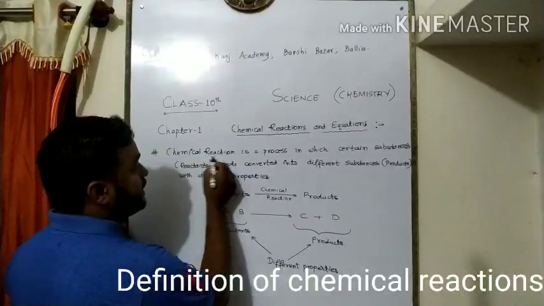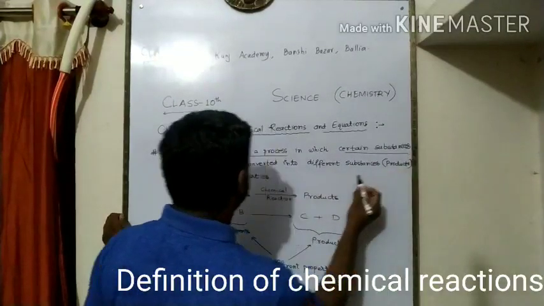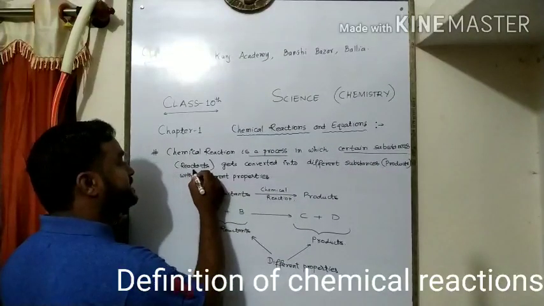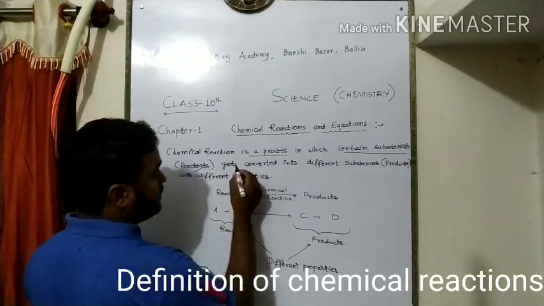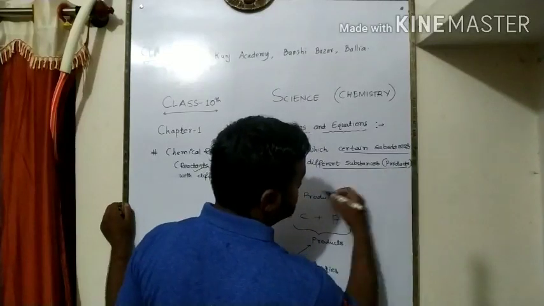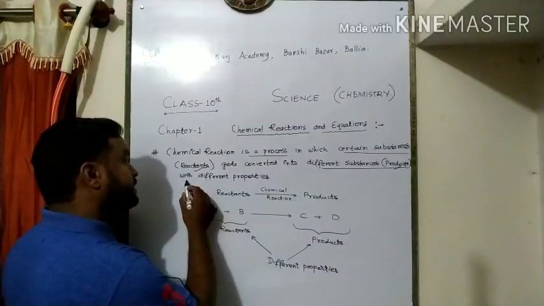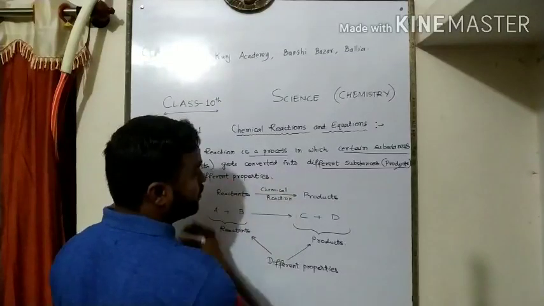A chemical reaction is a process in which certain substances, which we'll call reactants, get converted into different substances. We'll call those different substances products, with different properties. What does it mean?